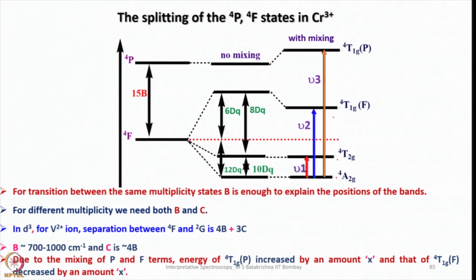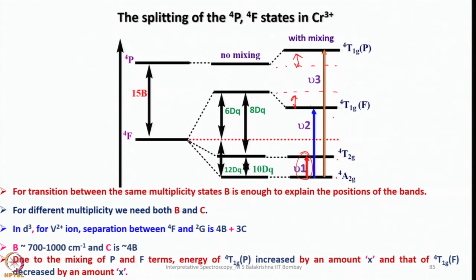So when we look into observed and measured data, there is no change in this transition value, whereas you can see a decrease in the value of this one, and an increase to this extent here. So we have to account for this in both cases, decrease as well as increase. For transitions between states of the same multiplicity, B is enough to explain the position of the bands. For different multiplicity, we need both the values of B and C.